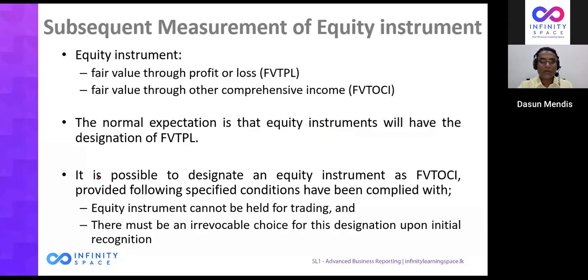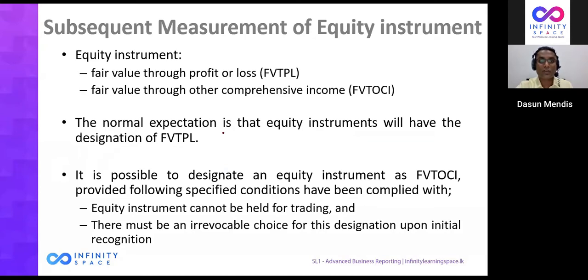In addition to that, in this question, there is a reserve called the fair value reserve of the financial assets. So if the entity invests in equity financial assets, there are two classifications a company can use. One is fair value through profit or loss, the FVTPL category.